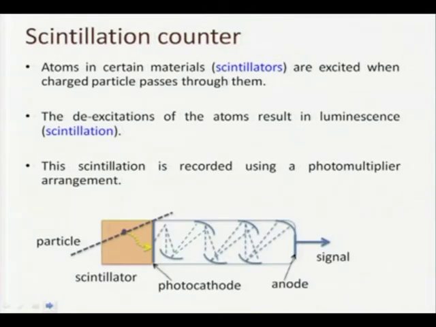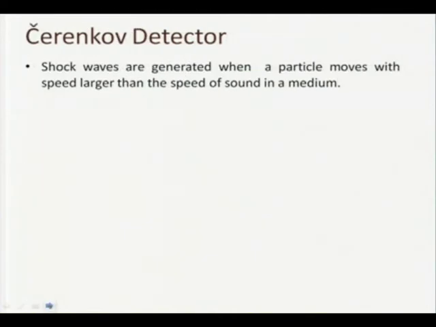There will be a photocathode on which the scintillation falls, and that emits photoelectrons, and these photoelectrons will be multiplied with the help of dynodes, and finally the anode will pick up the increased signal, and that can be fed to a computer or reading system. This is a scintillation counter arrangement.